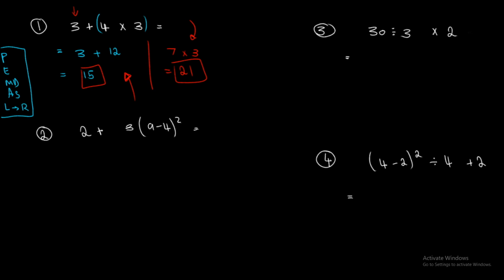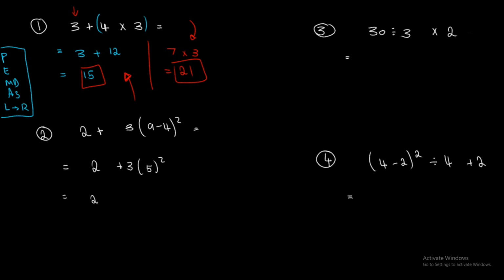So number 2 tells us we have 2 plus 3 multiply the parentheses of 9 minus 4 to the second power. So we can redo this as 2 plus 3. Let's solve the inside of the parentheses. It's going to be 5 squared. Now we can do exponents.